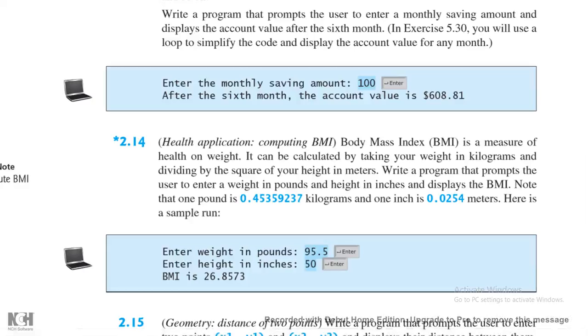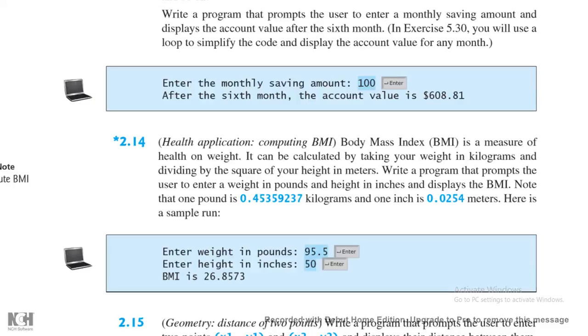computing problem. BMI is actually body mass index. Body mass index is a measure of health based on height. It can be calculated by taking your weight in kilograms and dividing by the square of your height in meters.